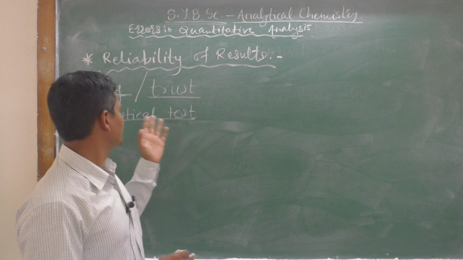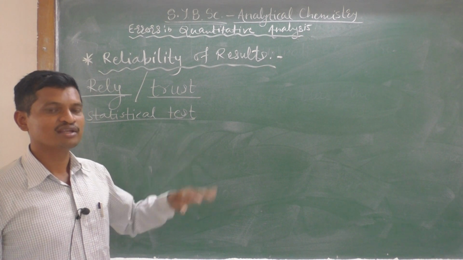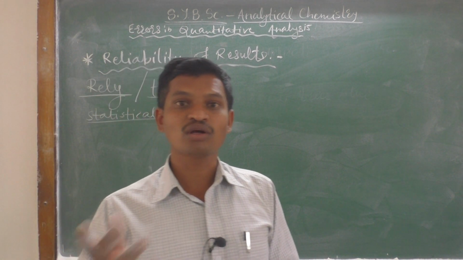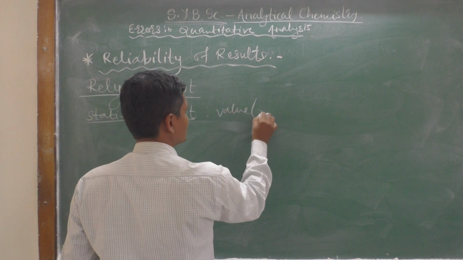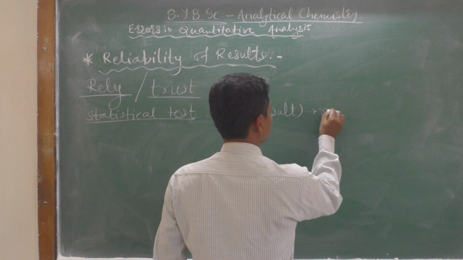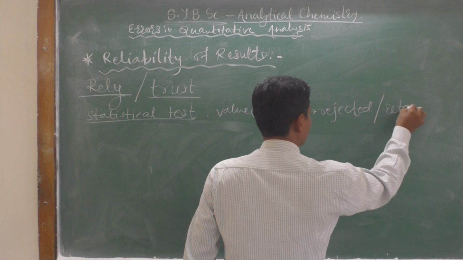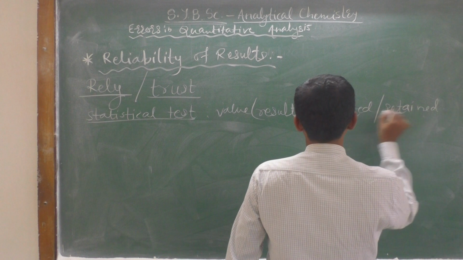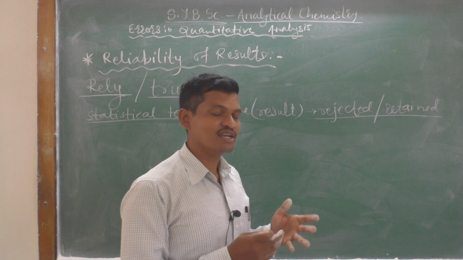So there must be a statistical test, by using which we can check whether that value could be rejected or retained. Retained means keep as it is in the analysis. This judgment can be done with the help of some statistical test.